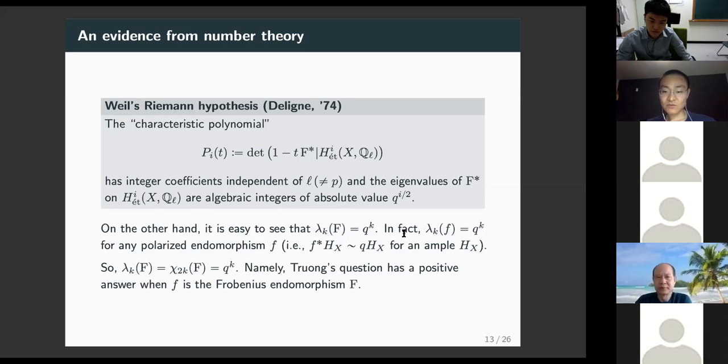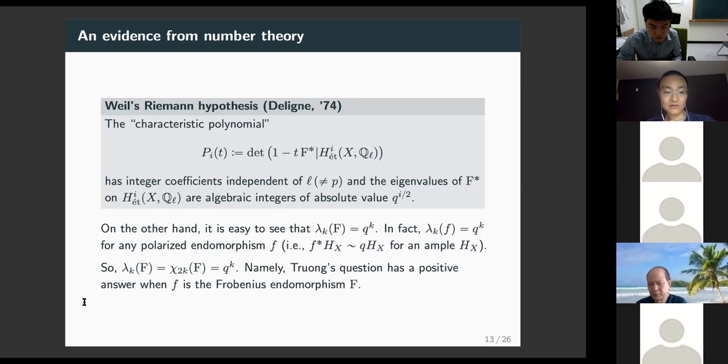In fact, more generally, we have lambda_k of F is equal to q to the k for any polarized endomorphism. Polarized endomorphism means that the pullback of H_X, a fixed ample divisor, is linearly equivalent to some multiple of H_X. So this is true for any polarized endomorphism, and the Frobenius is a special polarized endomorphism. So for Frobenius, we also have lambda_k of F is equal to q to the k.